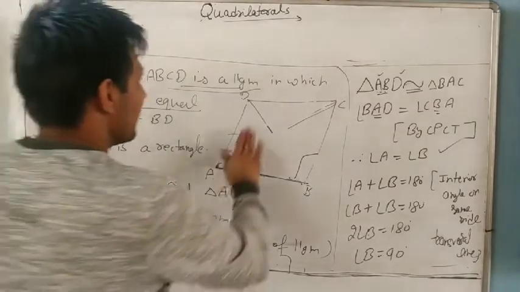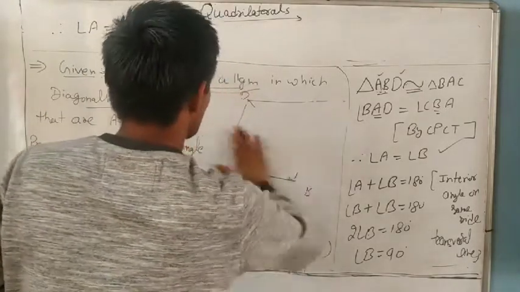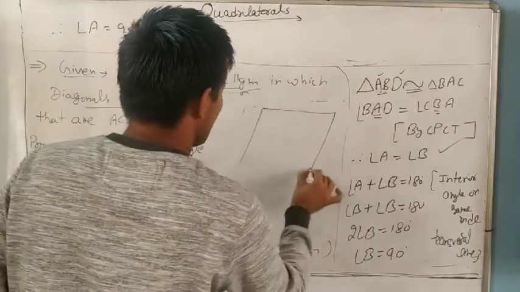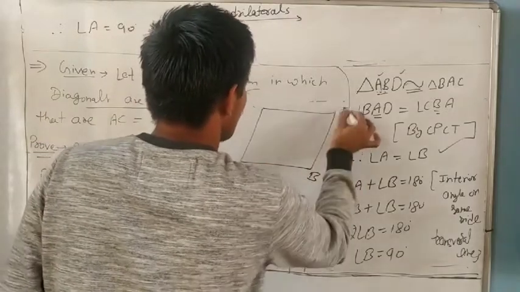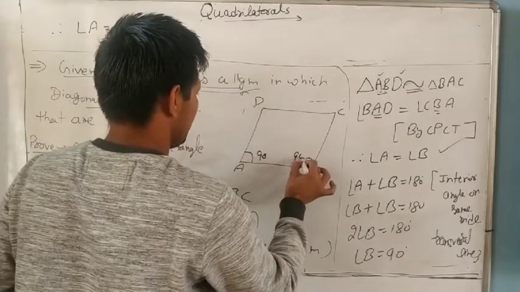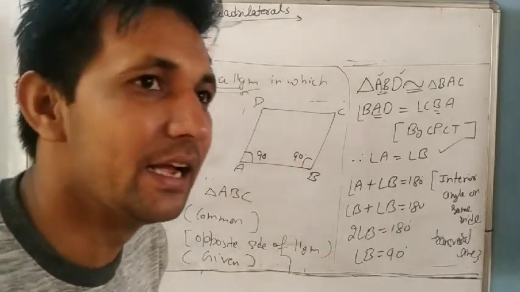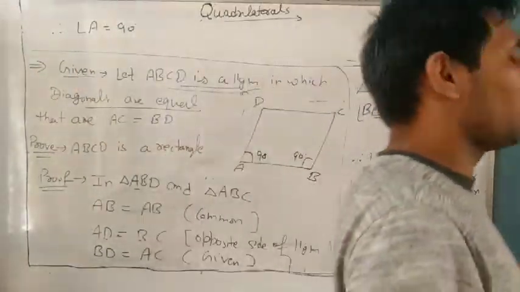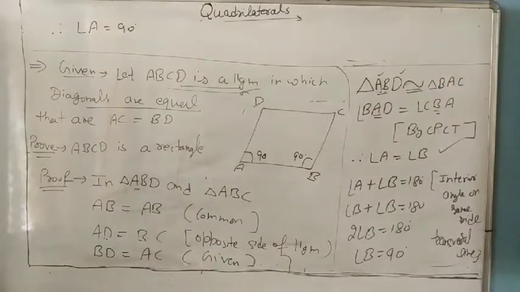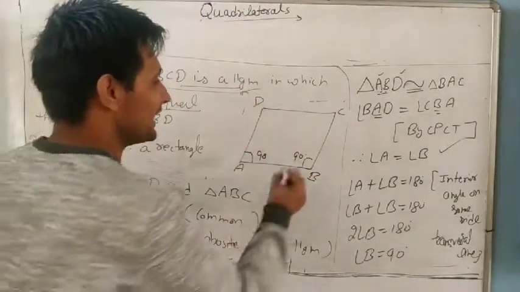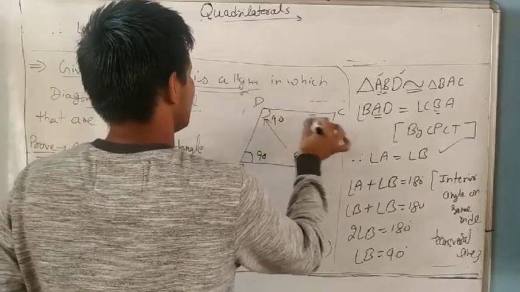And we know, in that question it is given ABCD is a parallelogram. We already proved that angle A is 90 and angle B is 90, and ABCD is a parallelogram, and in a parallelogram property we already know opposite angles are always equal, so they are also 90.